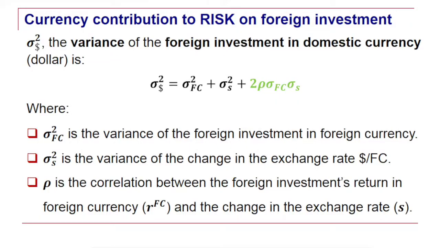The variance of the dollar return is equal to the variance of the foreign currency return plus the variance of the change in exchange rate plus twice the correlation between the foreign currency return and the exchange rate changes times the standard deviations of the foreign currency and of the exchange rate. So see here, the dollar return volatility is not just the sum of the foreign currency volatility and the exchange rate volatility.